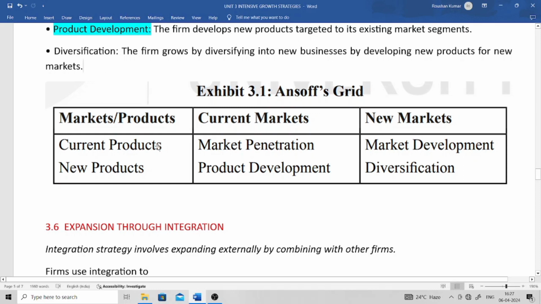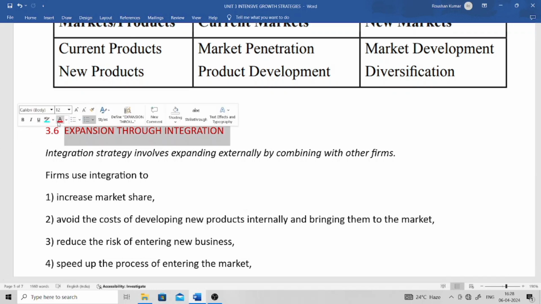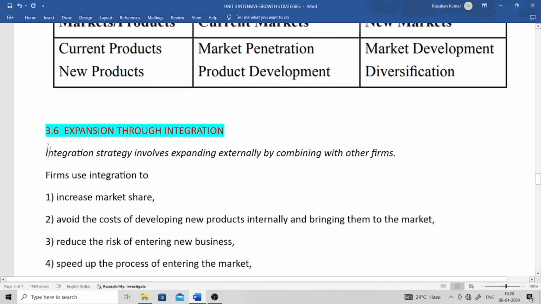So why do firms use integration? First, to increase market share. Second, to avoid the cost of developing new products internally. Third, to reduce the risk of entering new business. Fourth, to speed up the process of entering the market. Fifth, to become more diversified.